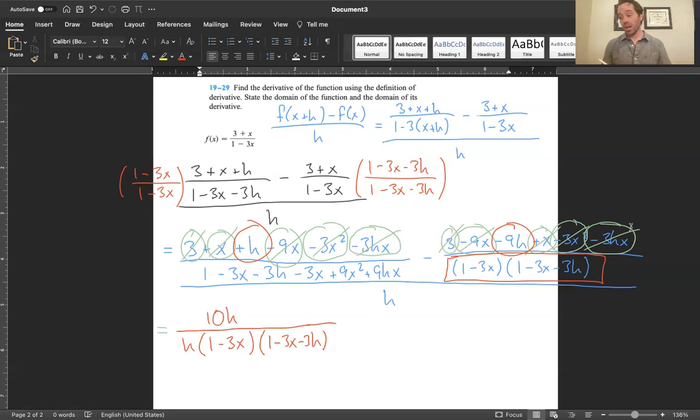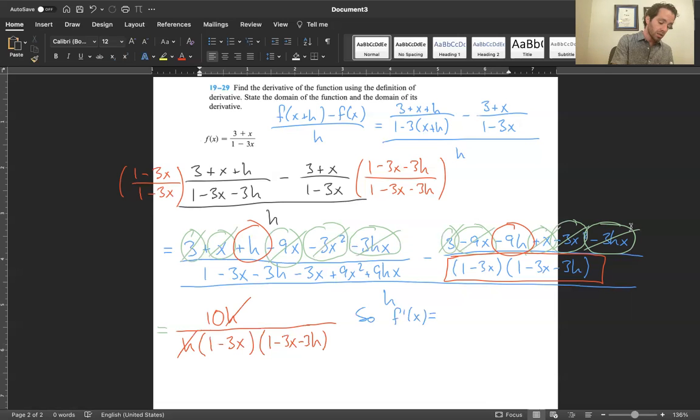And now the magic happens, right? Because the goal in getting a derivative by the limit definition is usually to get the h on the bottom to disappear. And now we can do it, because now, boop, boop, those are gone, because now it's a factor of the top and the bottom.